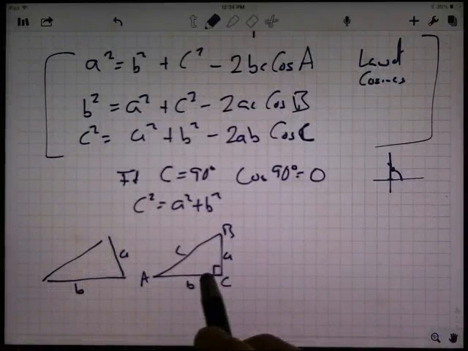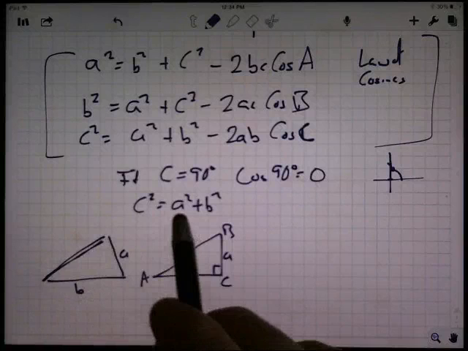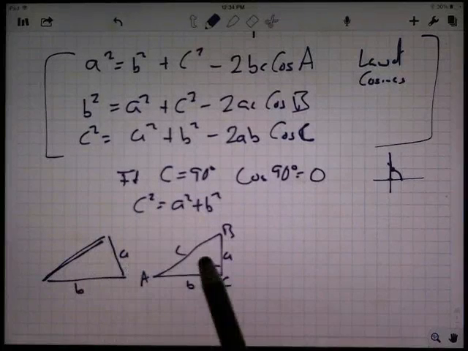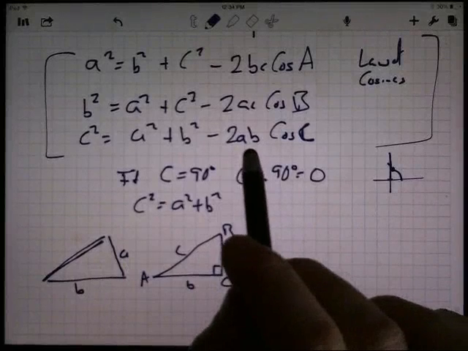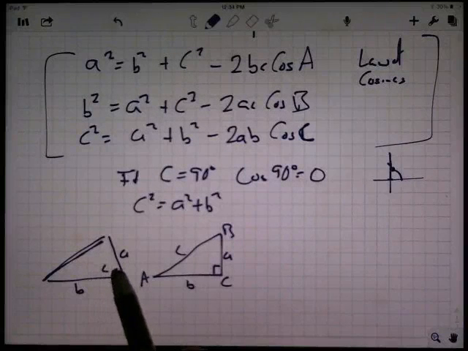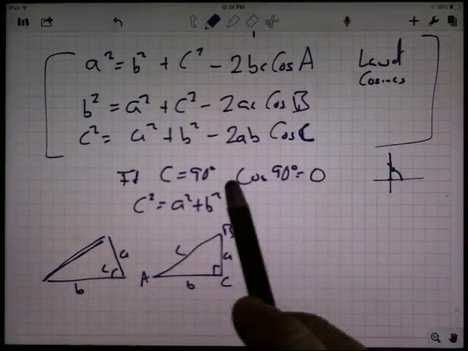So you make this angle a little smaller, then this hypotenuse just got shrunk down some. So c squared is now a squared plus b squared minus a little bit because it's not as long as it used to be, right? So cosine of angle C is going to be a positive number in the first quadrant, right?